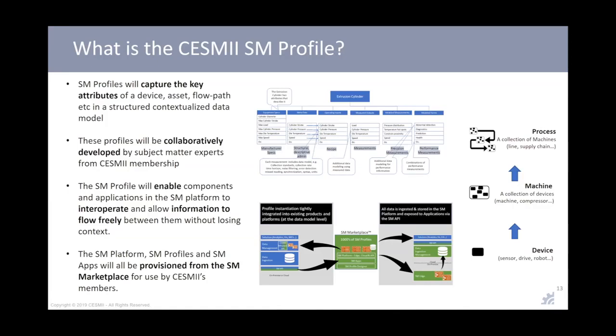Hence, it is important that the profiles are developed by our members and our technology partners collaboratively. These profiles will then, like I said before, enable the components and the applications to interoperate within our ecosystem, within our platform structure. And we'll make all of these available in the SM marketplace, the smart manufacturing marketplace.